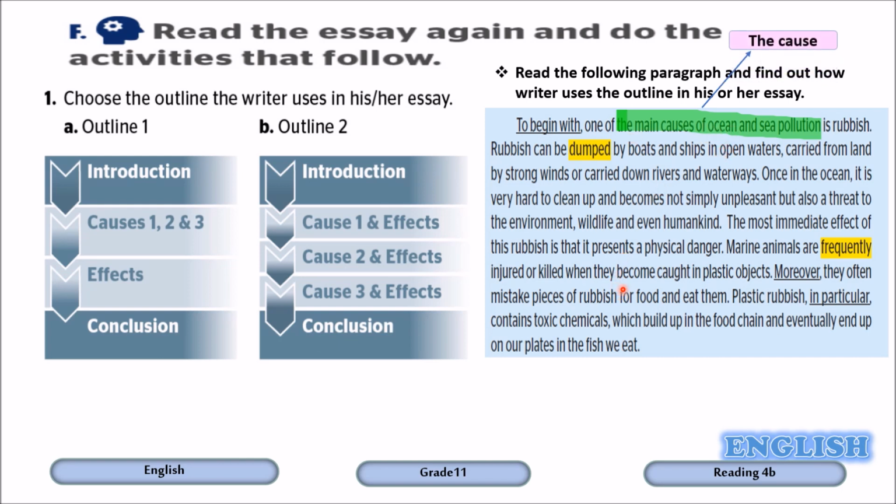And what is the effect? Let's complete: the most immediate effect of this rubbish is that so and so and so. So here is the cause and the effects in the same paragraph. So what outline does the writer use? He uses outline 2.